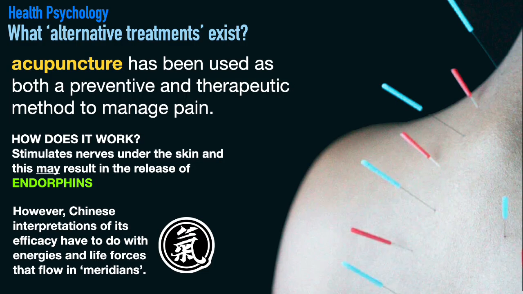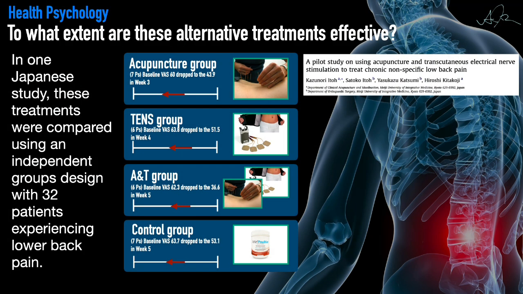One more example, the syllabus talks about acupuncture, but it doesn't tell us much about it. And it also does the same thing with TENS, T-E-N-S. These are alternative treatments for pain. So what I did here, I chose to teach something that would kill two birds with one stone. There was a study in Japan where they looked at the efficacy of both acupuncture and TENS, and then looked at the efficacy of both of them combined together.